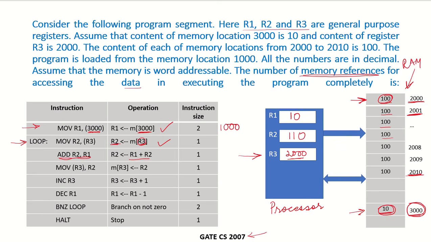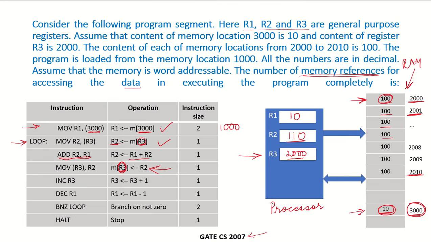Then the next is whatever is in R2, that has to be moved into the address specified by R3. So R2 is containing 110. That means this value has to be moved into the memory location specified by R3. R3 is containing 2000.